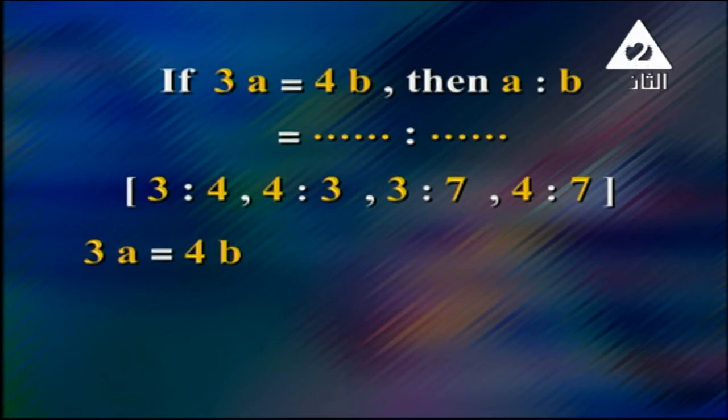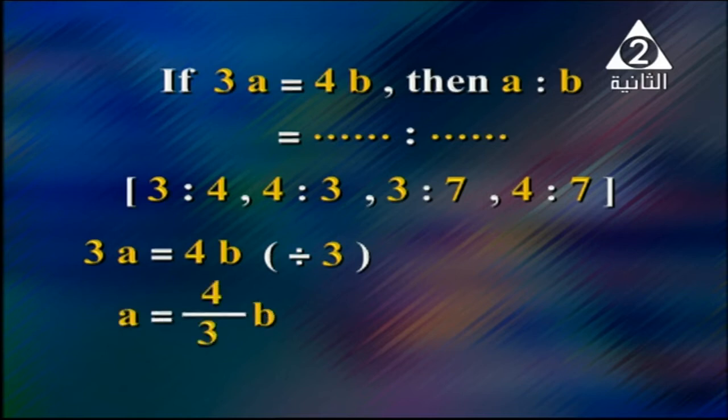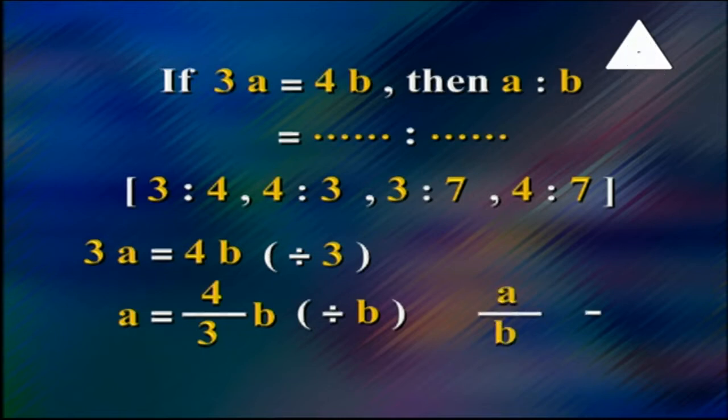You are going to divide both sides by 3 to obtain a equals 4 over 3 b. Then by dividing both sides by b, you are going to find that a over b equals 4 over 3. So the ratio between them will be 4 ratio 3, which is the second choice.